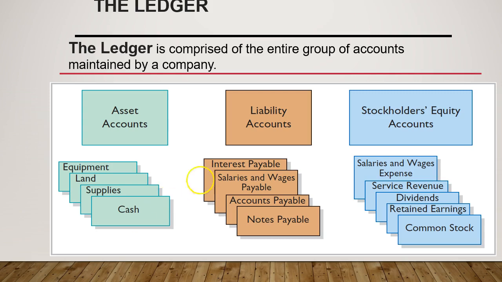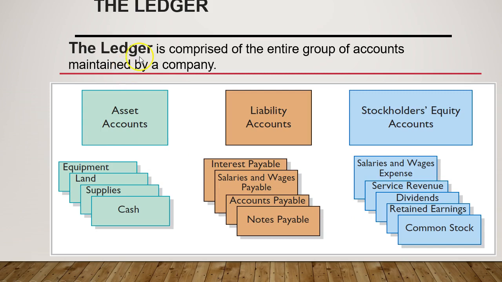Or how much money do I still owe the bank? I'll look at my notes payable ledger account. Or maybe how much have we earned in revenue for this accounting period? I'll look at my service revenue ledger account.